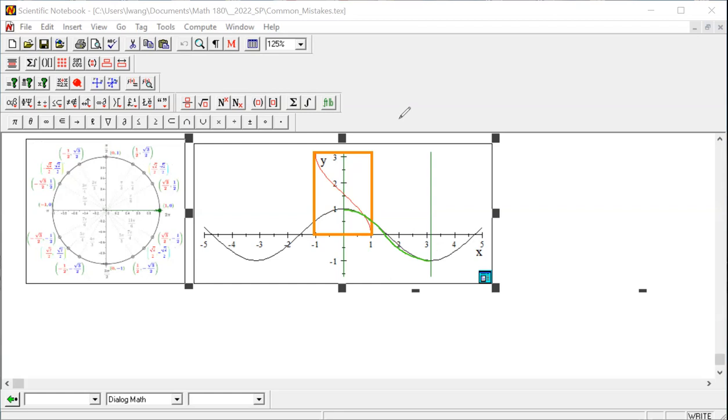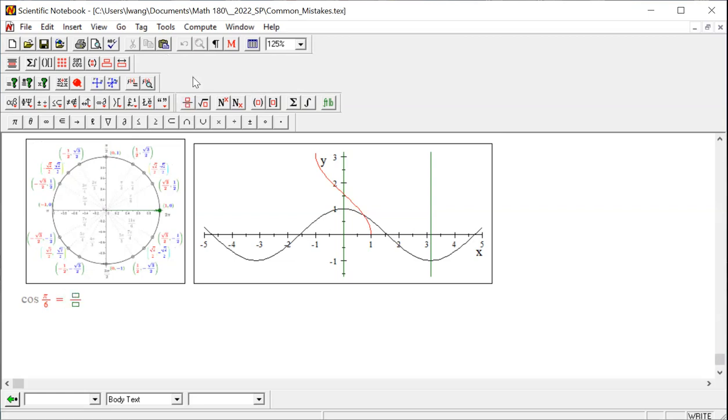Okay, so what I'm going to try to draw is to show you the idea of arc cosine, right? We have cosine pi over 6 equals 1/2. Is it? No, pi over 3, sorry.